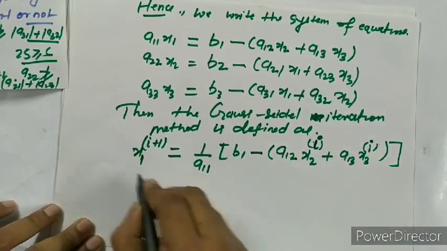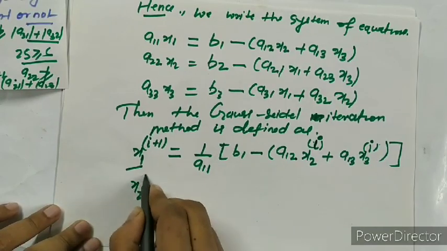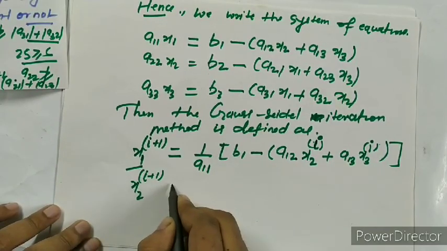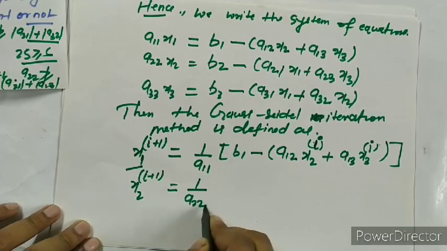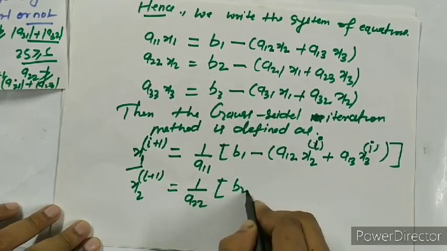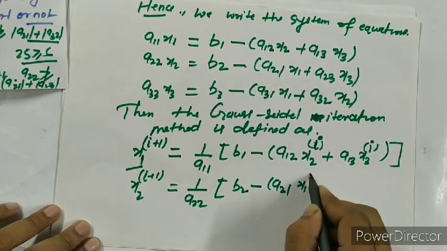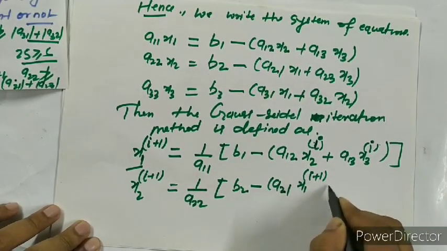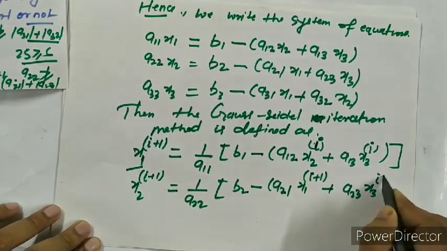This is the formula for finding x1 at the (i+1)th iteration. Similarly, x2 at the (i+1)th iteration is equal to 1 upon A22 times (B2 minus A21 x1 at i+1 plus A23 x3 at i).